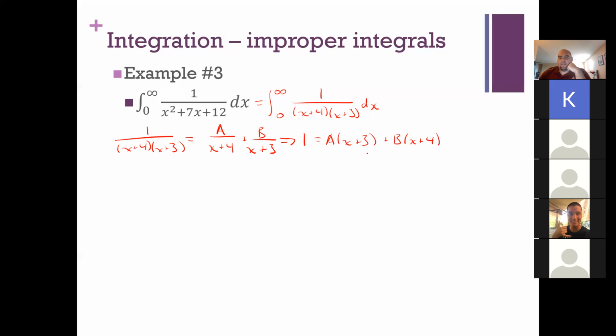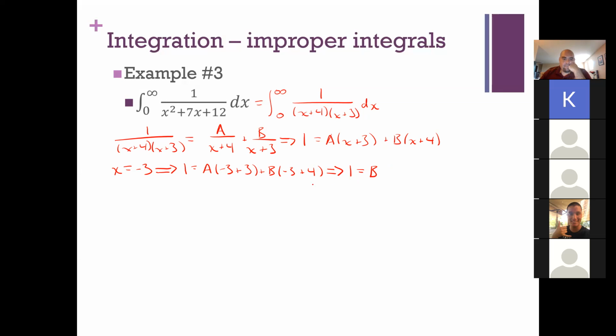Now I'm going to show you something that might make you mad that it was not taught to you before. In order to solve for A and B here, I'm going to make x equal to something strategic. If I let x be equal to -3, then I have 1 equals A times (-3 plus 3) plus B times (-3 plus 4). And that gives me 1 equals B.